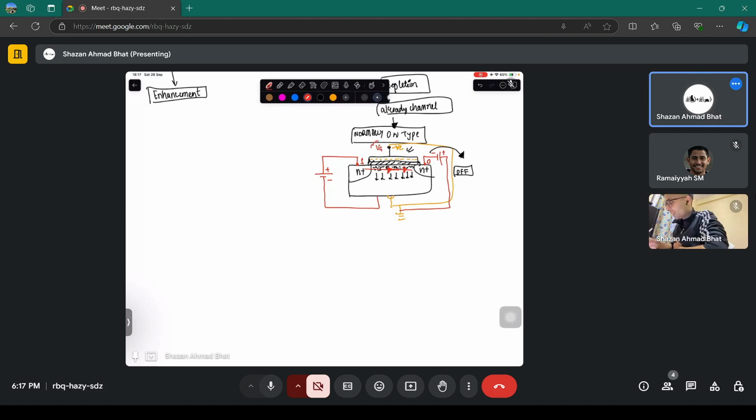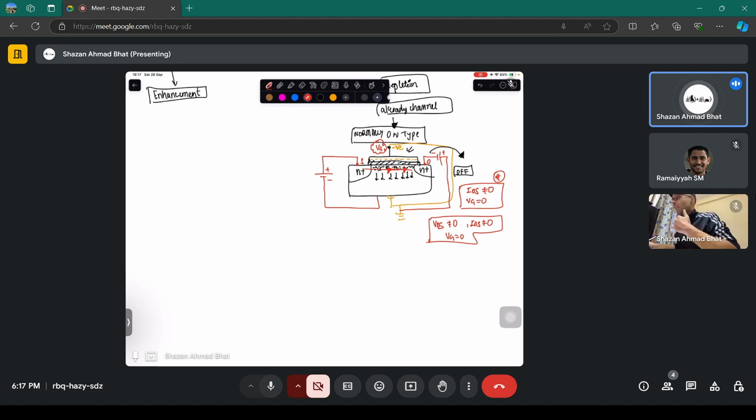Gate voltage is not necessary. That means the drain to source current would have been non-zero at Vg equals 0. That is the depletion type MOSFET. If you apply the drain to source voltage, if VDS is non-zero, IDS will be non-zero and Vg will be 0 under these conditions.